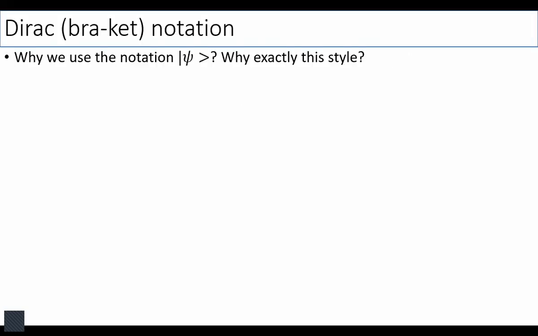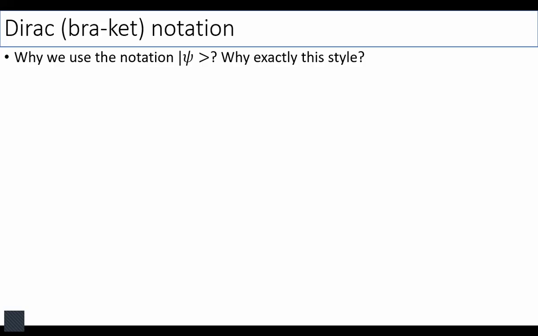I promised that I would start with one-qubit gates, but I will actually start with one more notational remark. Why do I use this type of notation for qubits? There is a reason. It's not a mathematical theorem, but there is a philosophical idea underlying. This is related to Dirac notation, sometimes called bra-ket notation.